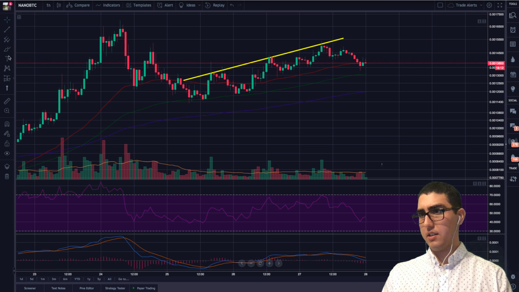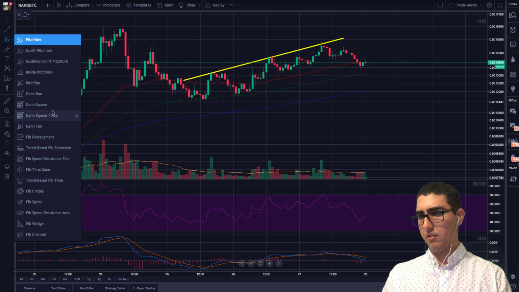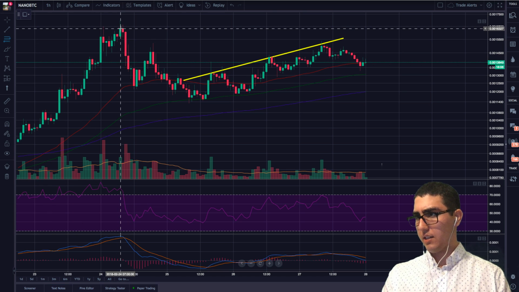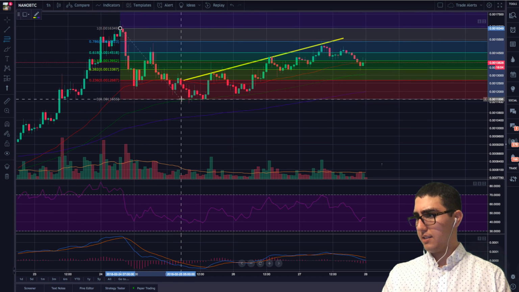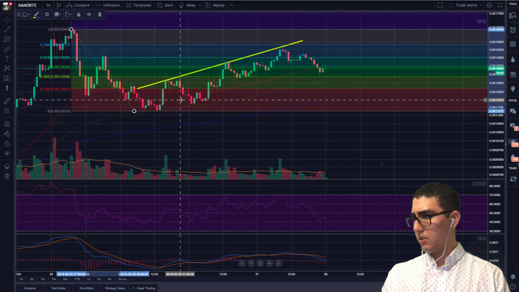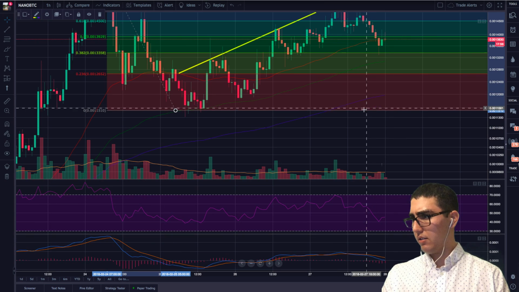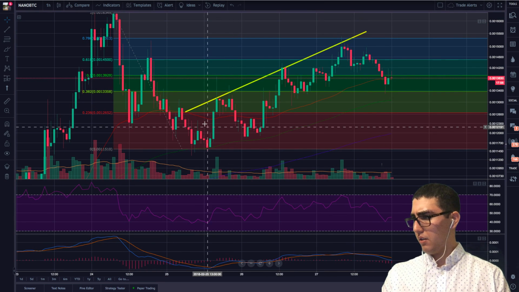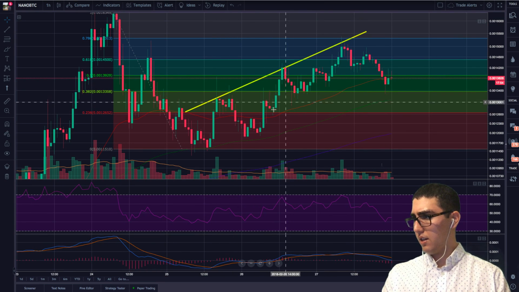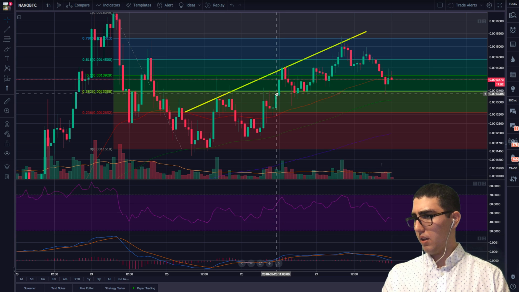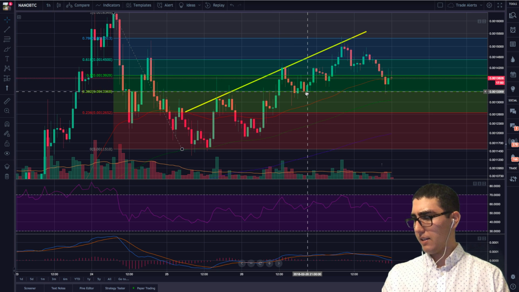But if we do the Fibonacci retracement, I think we're going to get a little more of an accurate count on where we're going to see this potentially correct to, if you are looking to get those buys in. So we'll do a quick Fibonacci here. You can see if we stretch this out a little bit, it looks like it is following the Fibonacci retracement. You can see how we bounced up, broke through two levels here, saw resistance, and came back down to the second level.